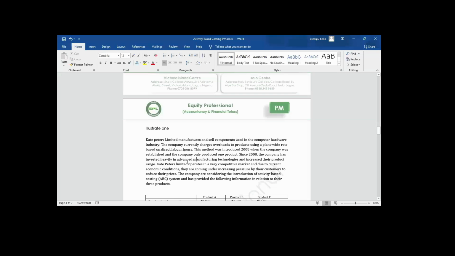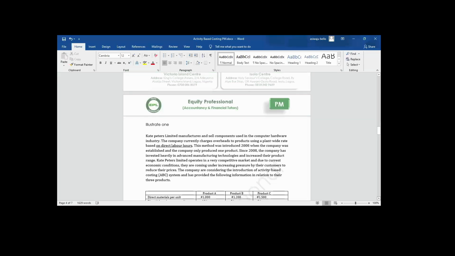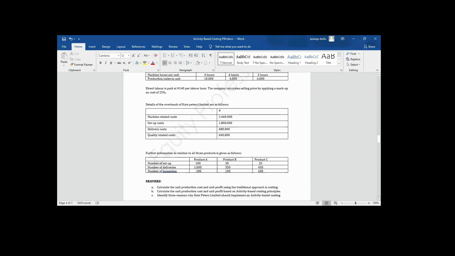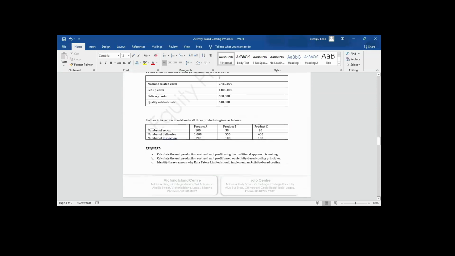Now, requirement one says we should calculate unit production cost and unit profits using the traditional approach. Is there any part of the question we require further explanation before we go to the solution aspects?